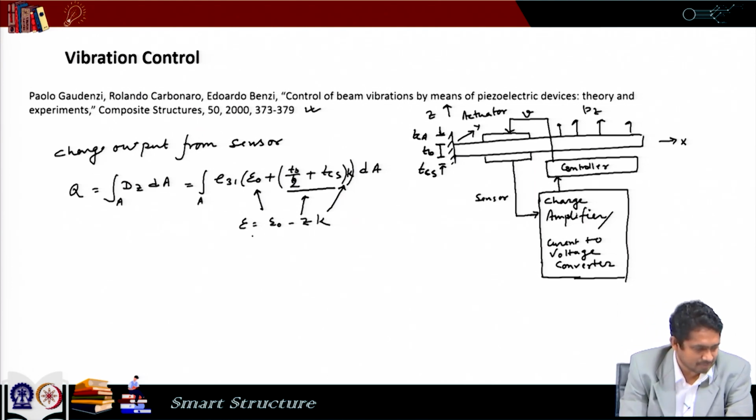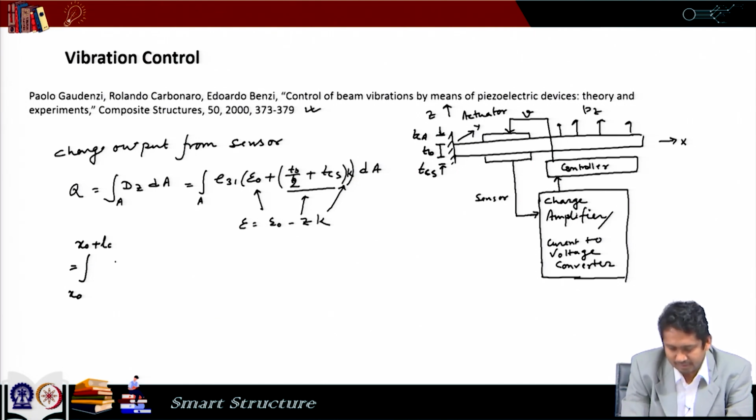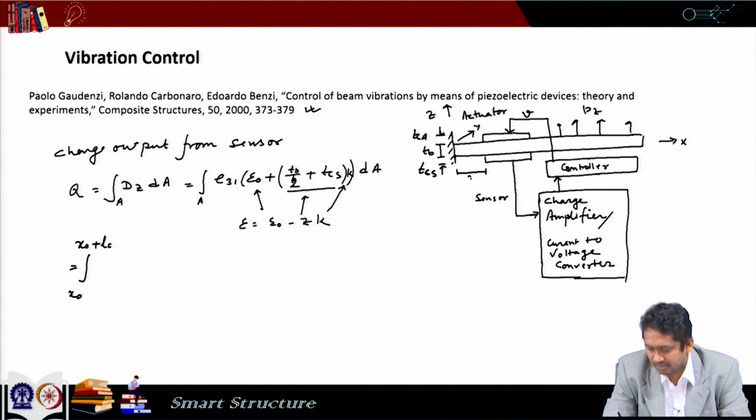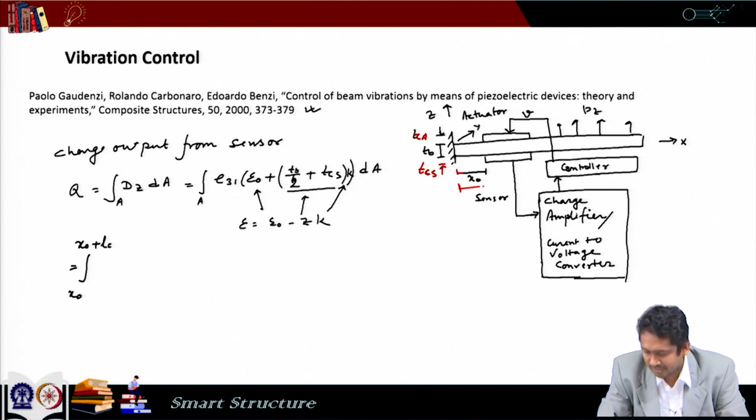Now, with this we can rewrite this expression as an integral from x0 to x0 plus Lc. Again, we can call this x0 as we have been calling, and this dimension, it is better to show in a different color just to avoid confusion, is x0 plus Lc.